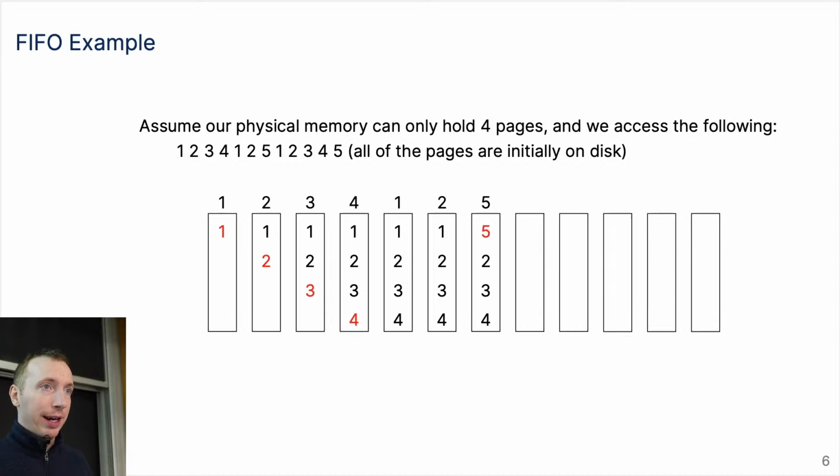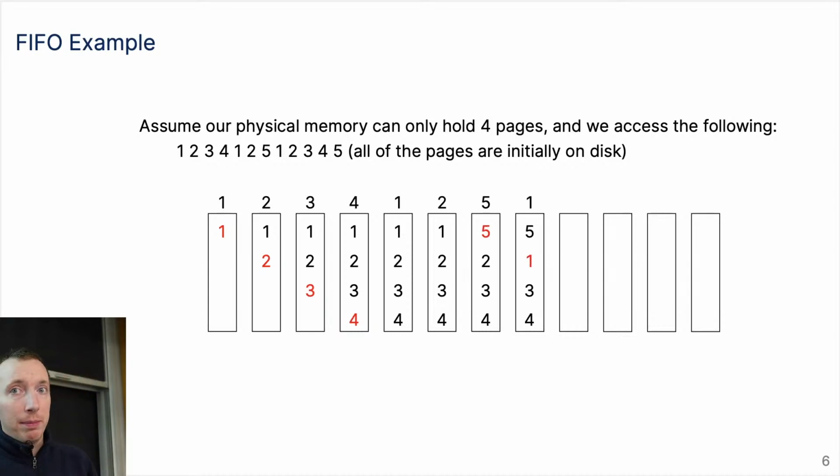Now we're going to access page 1, and oh no, we just kicked it out. So we're going to have to swap back in page 1, and what are we going to swap out? 2. So now 2 is the oldest one, because that was the second thing we put in. So now we're going to swap out page 2 with page 1.